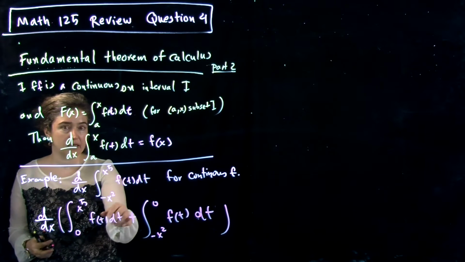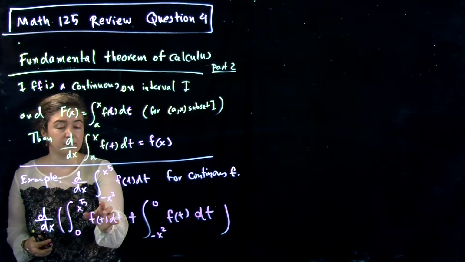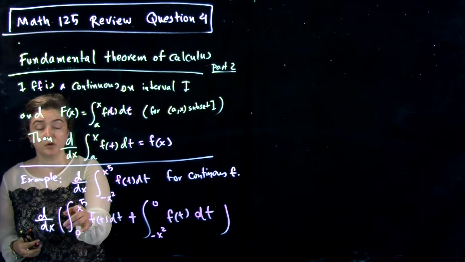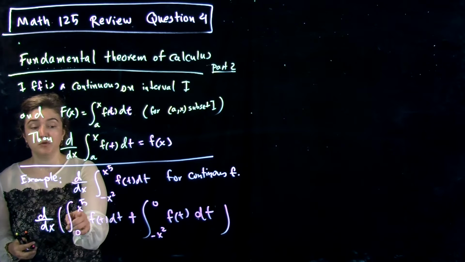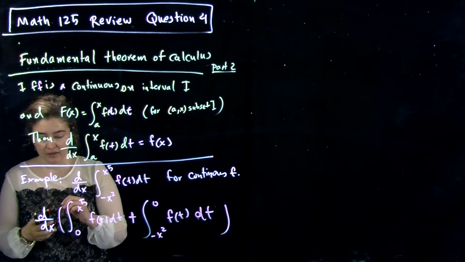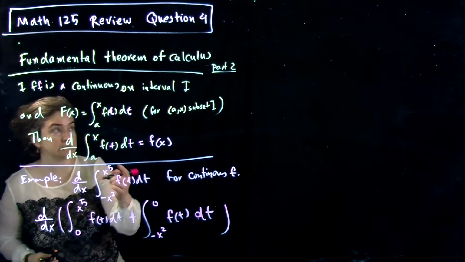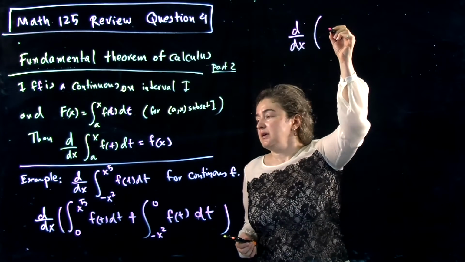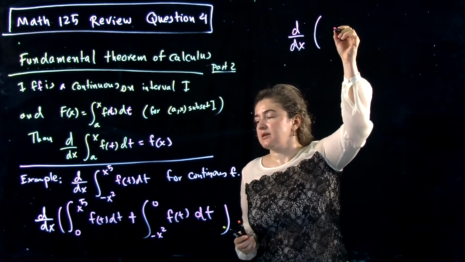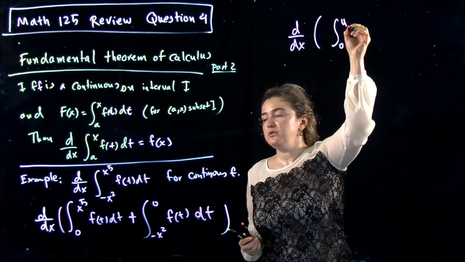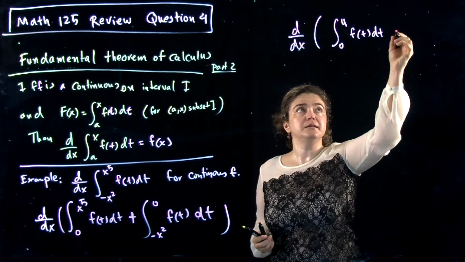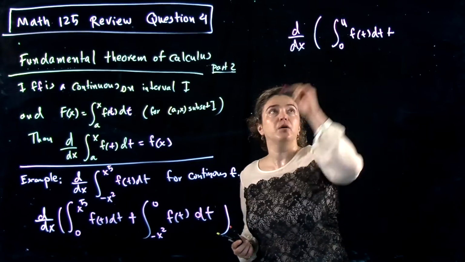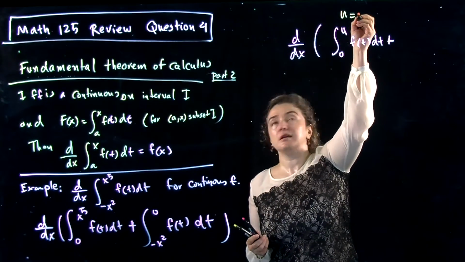And now, to make this the accumulative function, I have to notice this is really the integral from 0 to u. So this is F of u. What is u? u is x to the 5th. So let's rewrite it over here. That becomes the integral from 0 to u of f of t dt plus, and now, u is x to the 5th.